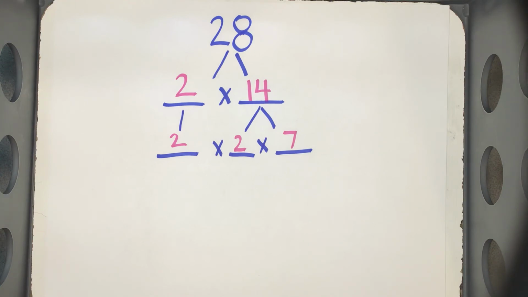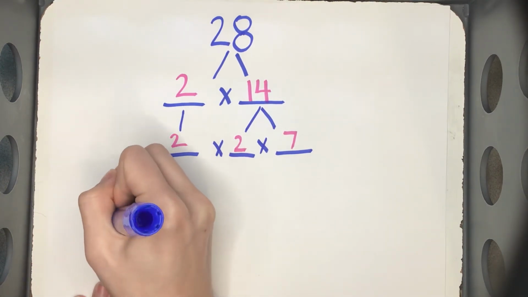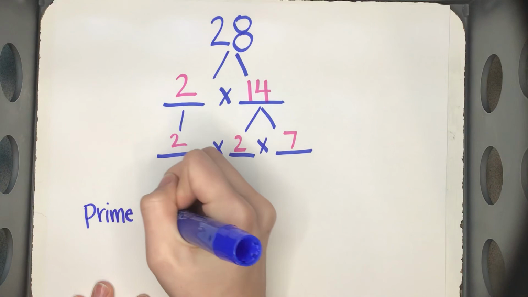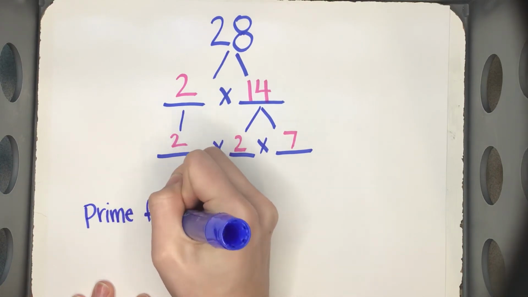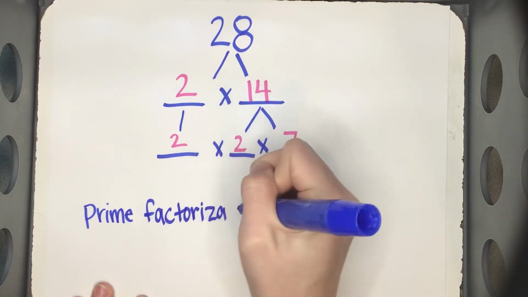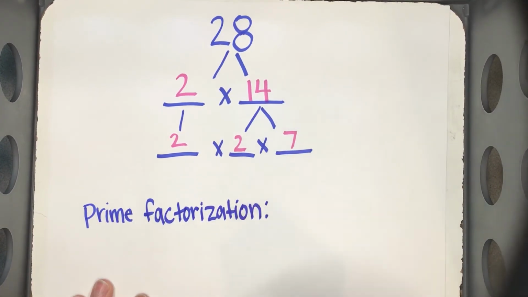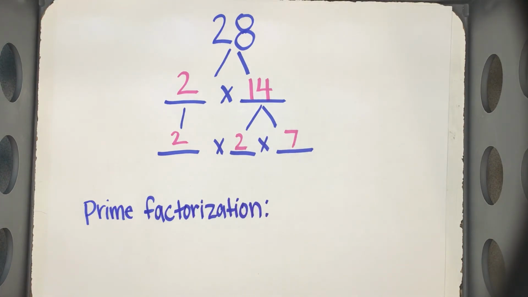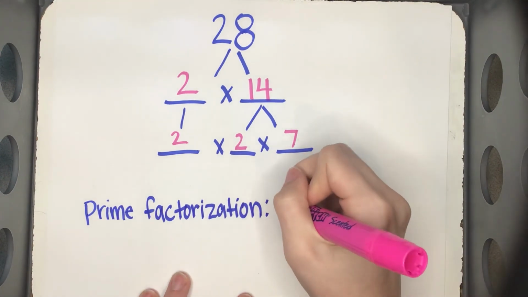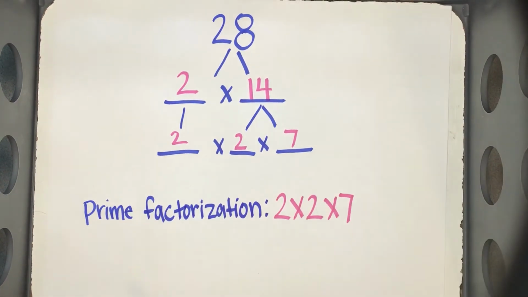So that means my prime factorization, remember factorization is just another fancy word for factors. My prime factorization is 2 times 2 times 7.